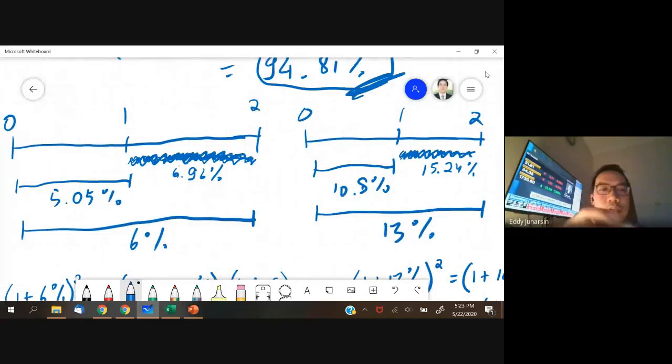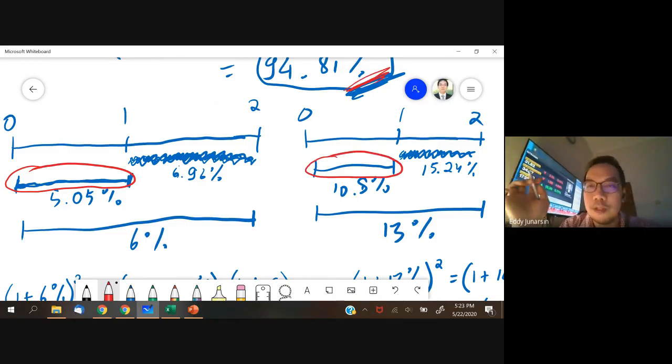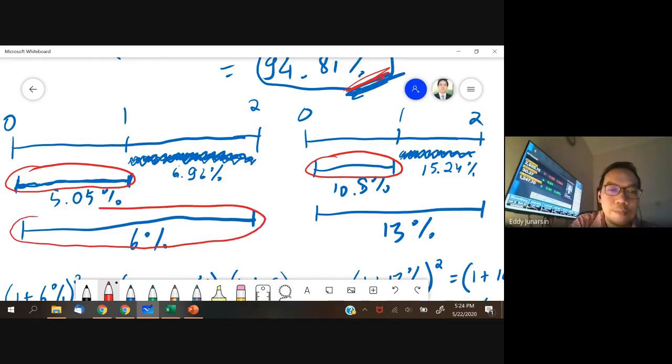Right. So again, if you want to estimate the probability of repayment for 1 year, this is between, use another color, this one and this one, right? And we get 94.81. If we want to estimate the probability of repayment for 2 years, the comparison is between this one and this one.